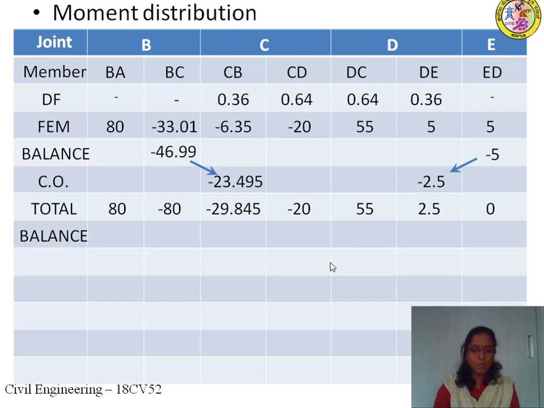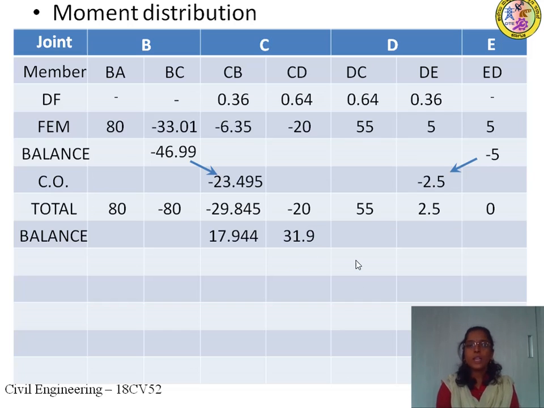So the imbalancing moment at joint C, both are negative, minus 29.845 minus 20, will be equal to minus 49.845. So to make it 0 we have to apply plus 49.845. So plus 49.845 is distributed among the members meeting at joint C according to the distribution factors. So plus 49.845 into 0.36 will be equal to 17.944, and 49.845 into 0.64 will be equal to 31.9.